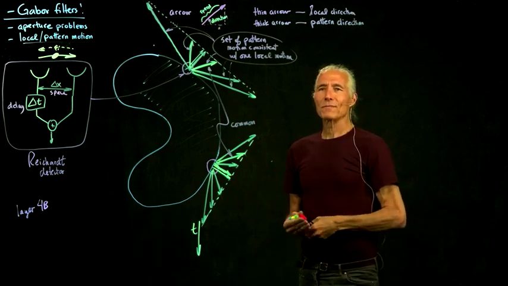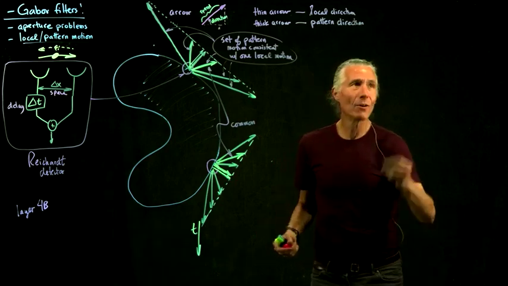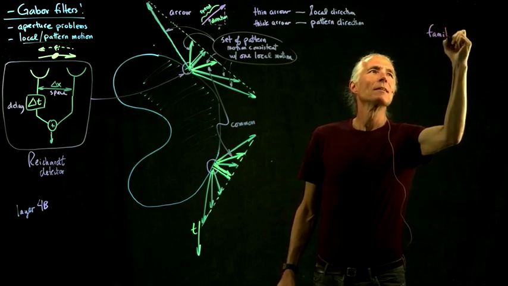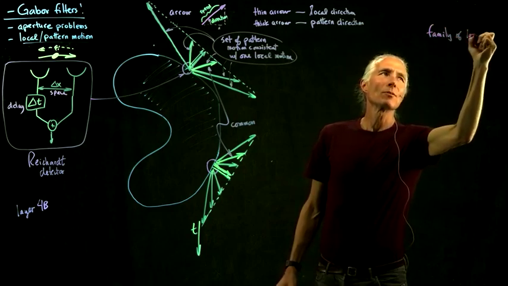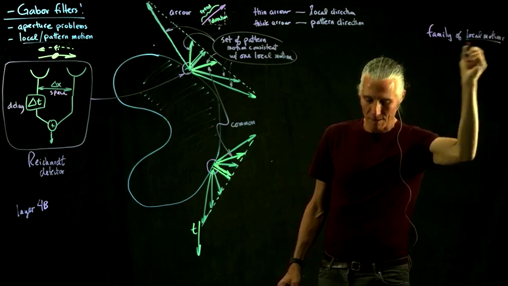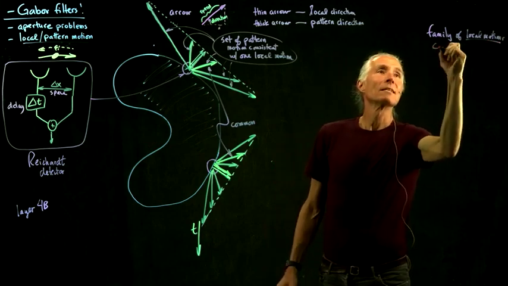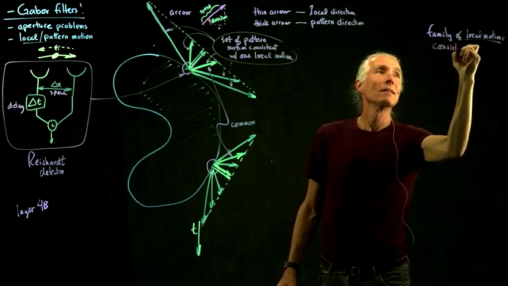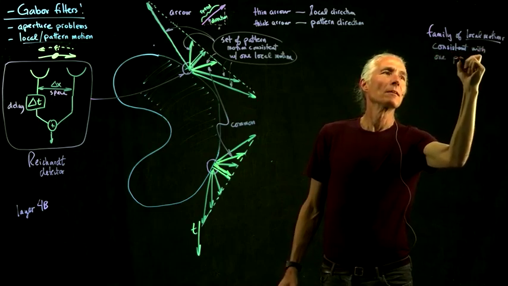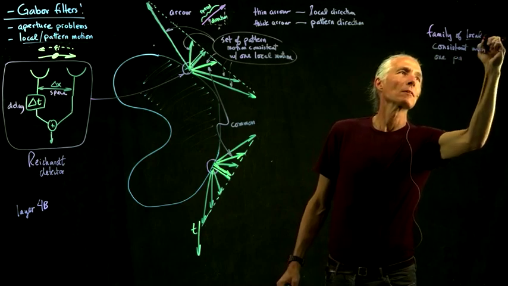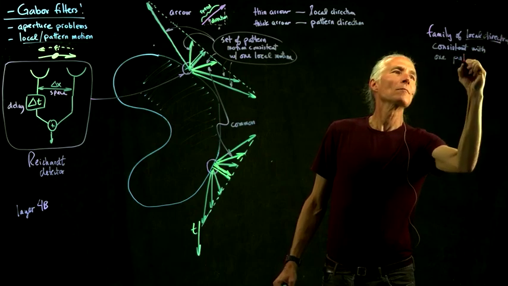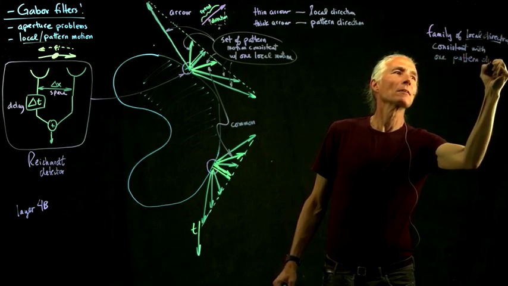what's a way of sort of graphically drawing that out? We could draw out the family of local motions consistent with one pattern direction.